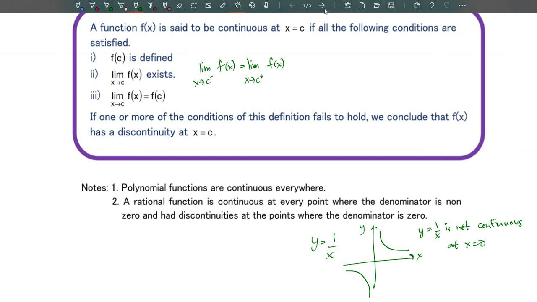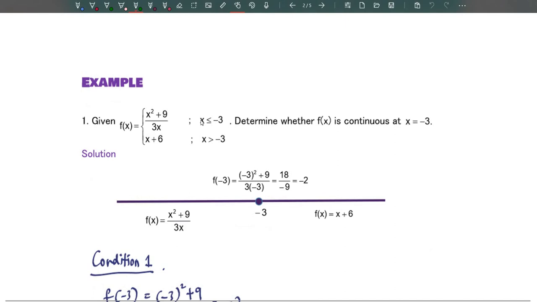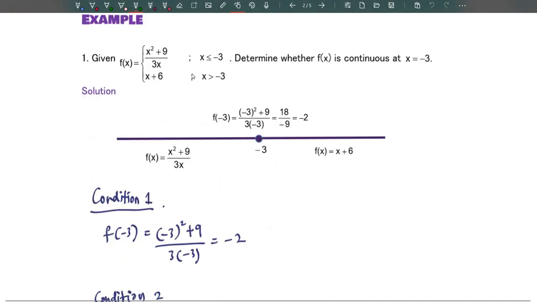Let's look at examples. We have 4 examples. The first one is this one. Given this piecewise function, we need to determine whether f(x) is continuous at x equal to -3. My advice is for you to draw the number line. This one is for the function where x is less than -3 because it's on the left, and write the function for x greater than -3 on the right side of -3 here.